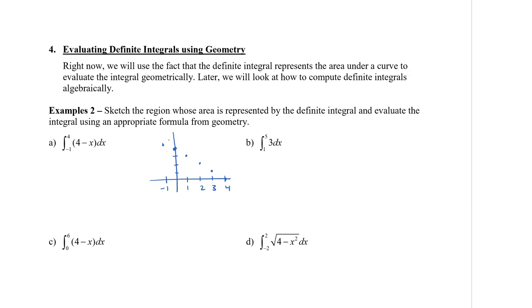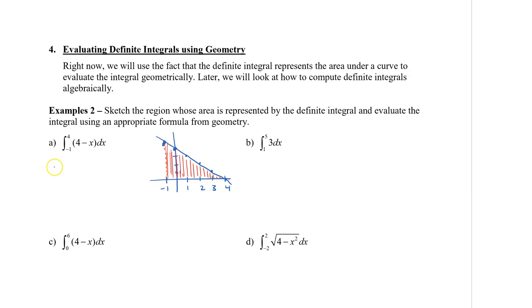So this is an equation of a line. So I'm going to draw the line here. All right, so what I'm going to do is then draw lines that go down to the x-axis. And then I'm going to calculate the area underneath this curve, which would be this triangular area underneath here.